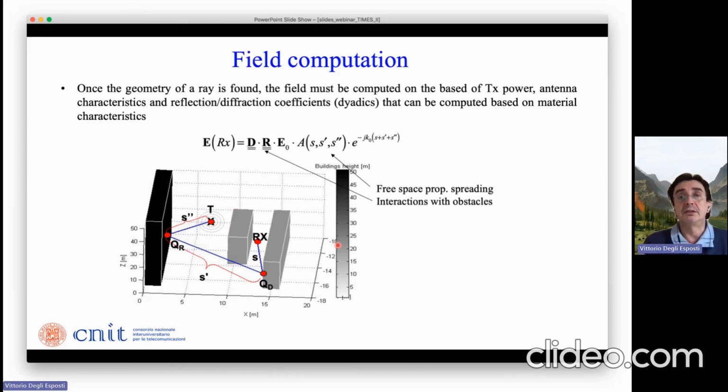Since bounces over obstacles are considered, then the field must be computed in presence of interactions.